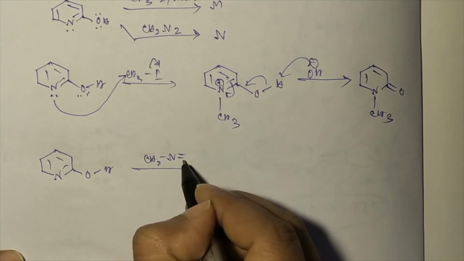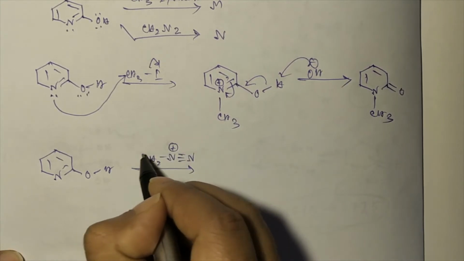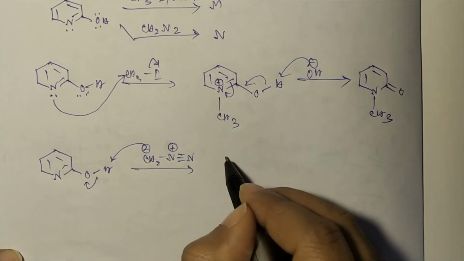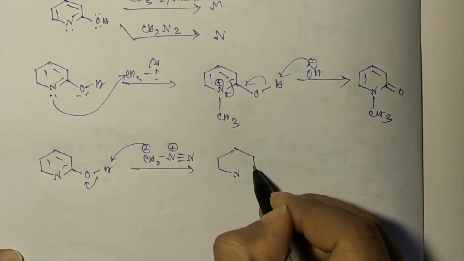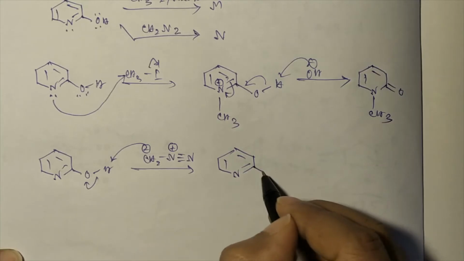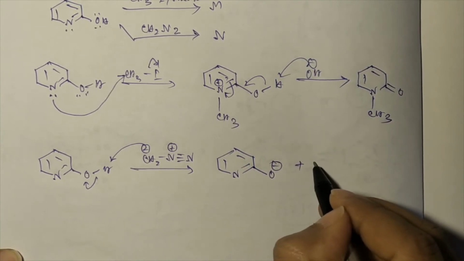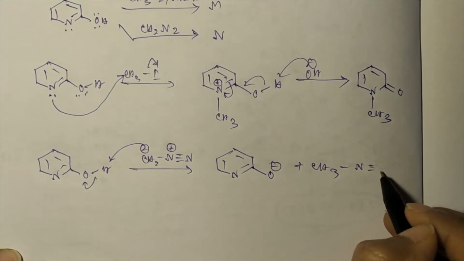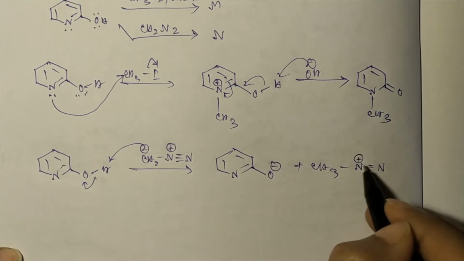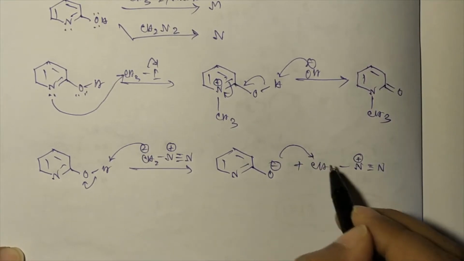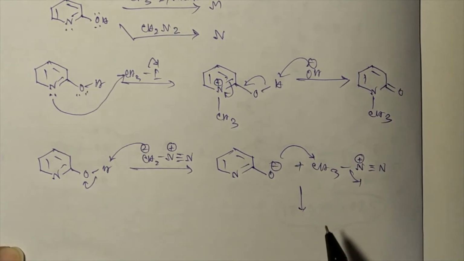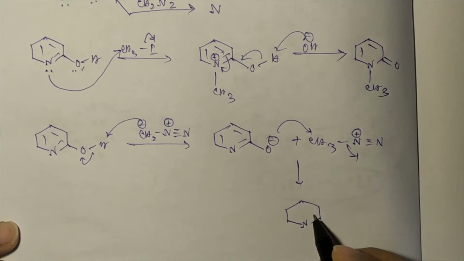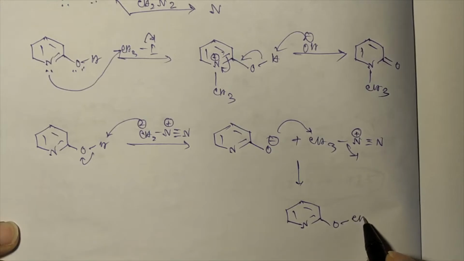CH2N2 will take this acidic proton, and now this will be converted to a good leaving group, so nucleophilic substitution will occur and 2-methoxypyridine will form.